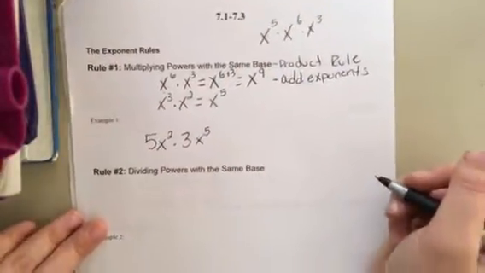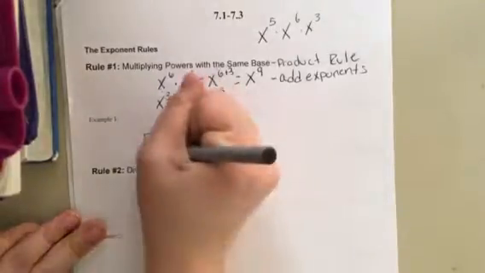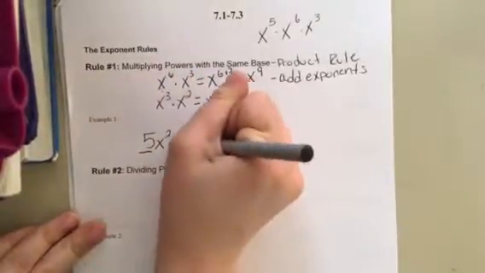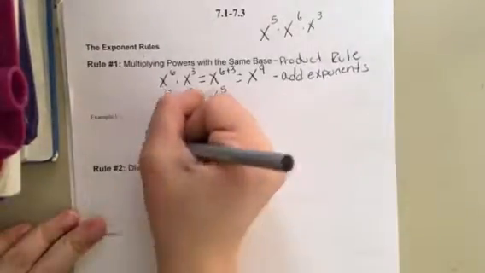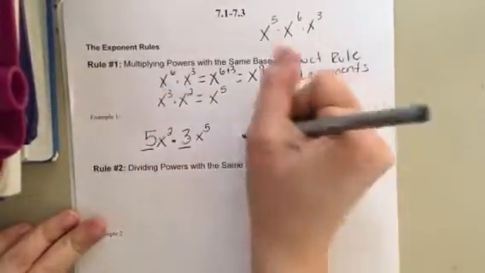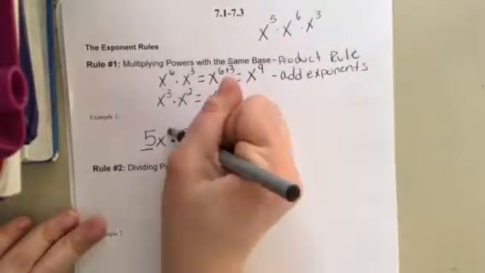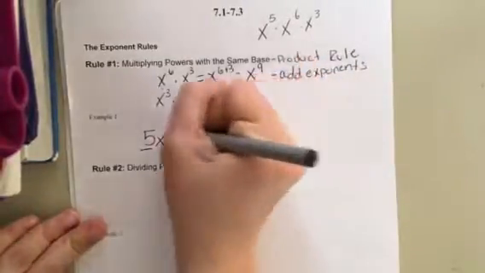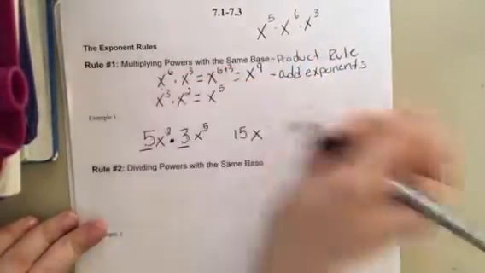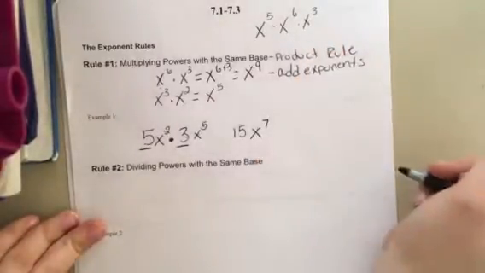In this case, you are going to take care of the coefficients like you always would. What do you do with coefficients when there's a multiplication sign in between them? You multiply them. What is 5 times 3? It is 15. And then we have x squared and x to the 5th, which we know if we add those two exponents together, because it's separated by multiplication, it's going to be x to the 7th.